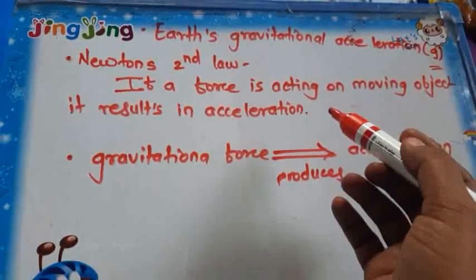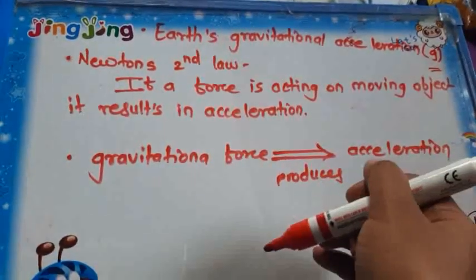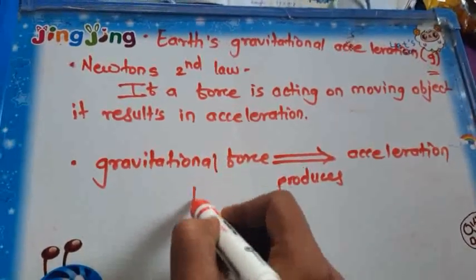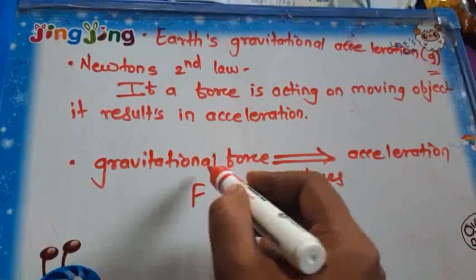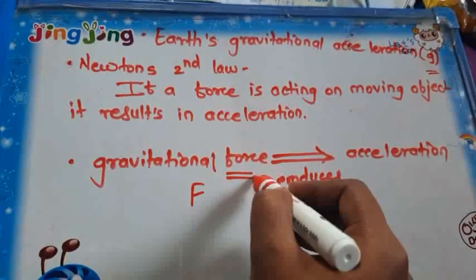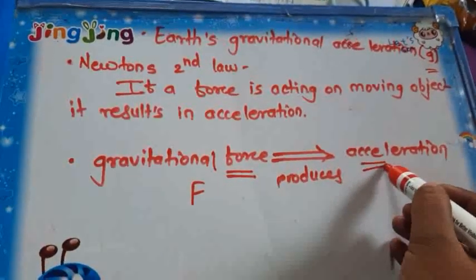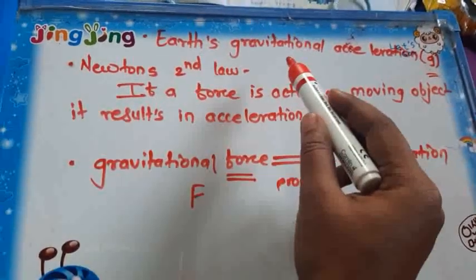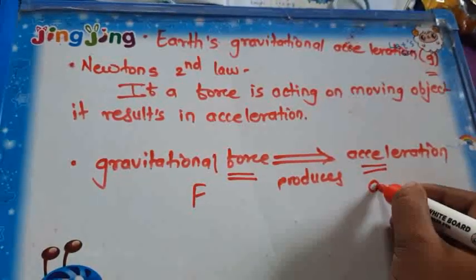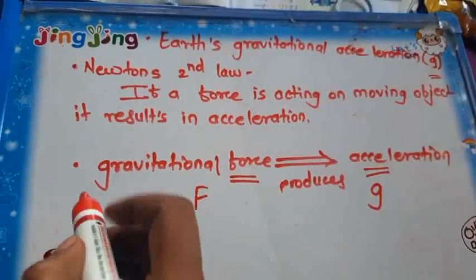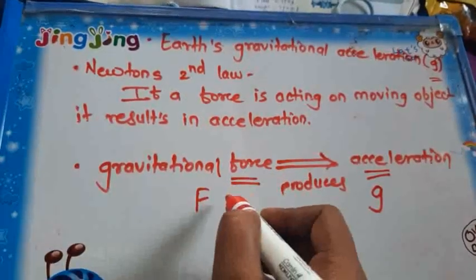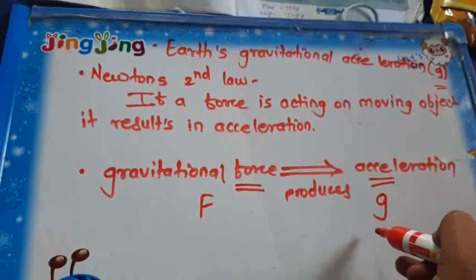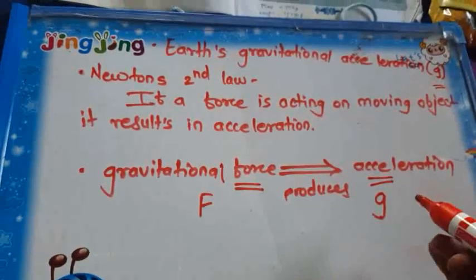So this Newton's second law we can apply with Earth's gravitational force also. Earth is applying gravitational force on every object. Because of this force, there will be production of acceleration. That acceleration is called Earth's acceleration due to gravity, which is indicated by small g.